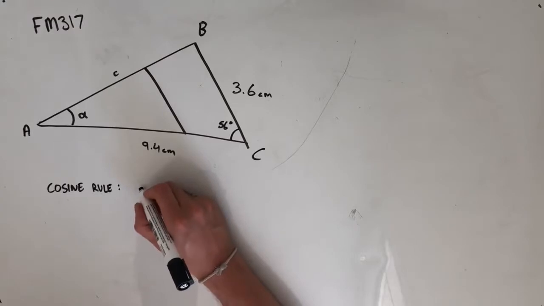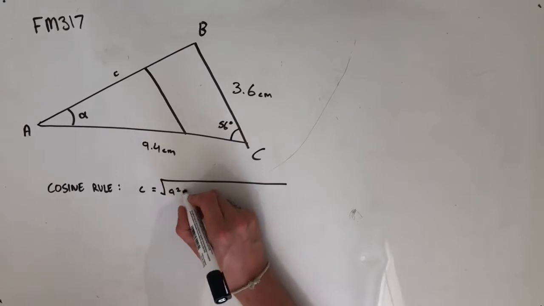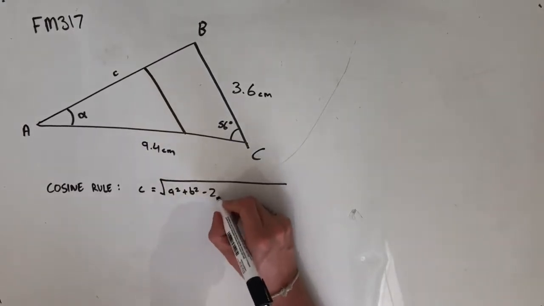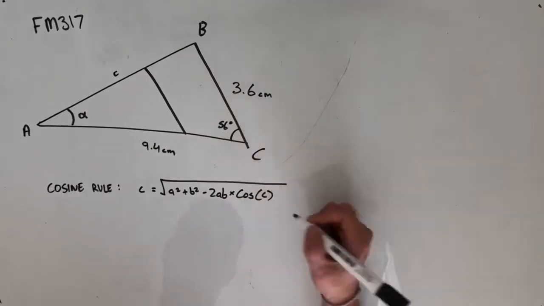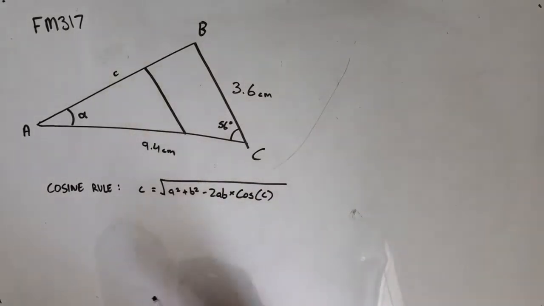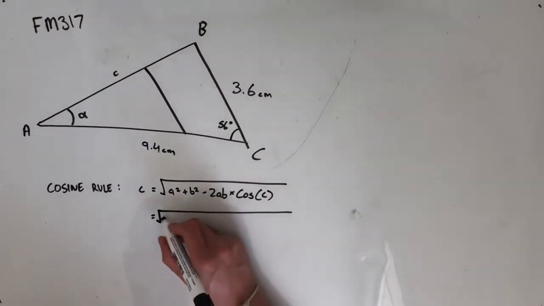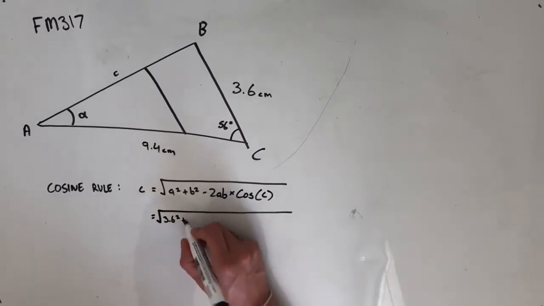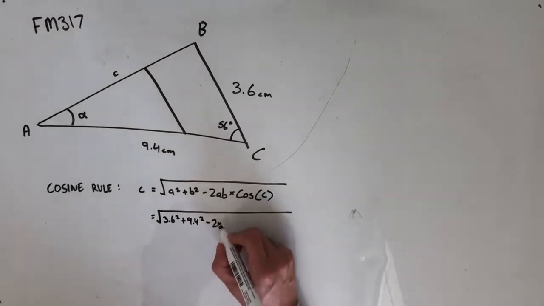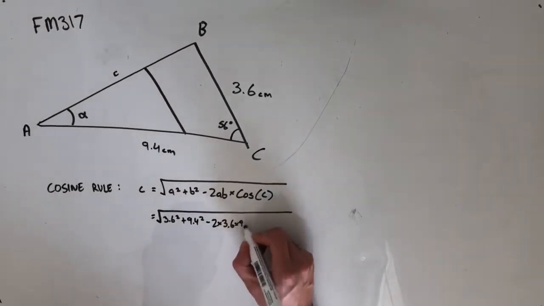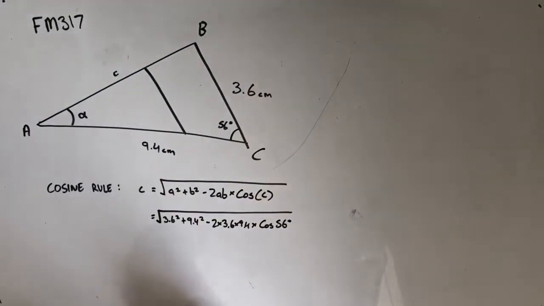So a slightly revised formula would be C equals the square root of A squared plus B squared minus 2AB times cos of angle C. So putting in our known variables, we should get that this is equal to the square root of 3.6 squared plus 9.4 squared minus 2 times 3.6 times 9.4 times cos of 56 degrees.